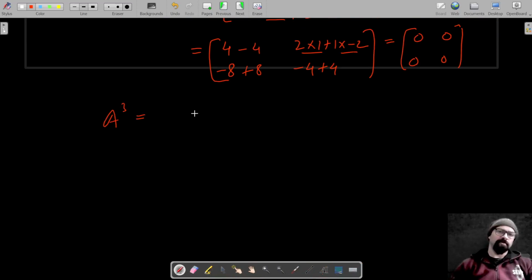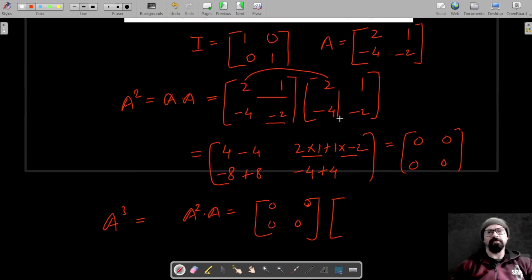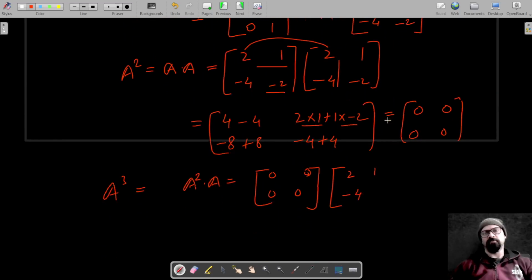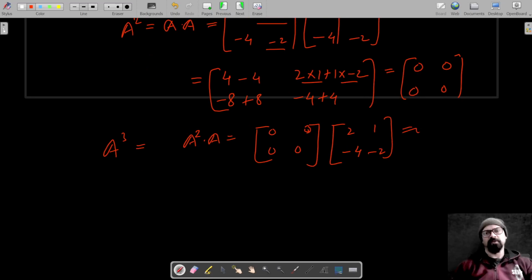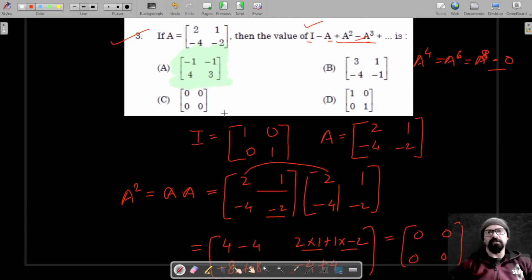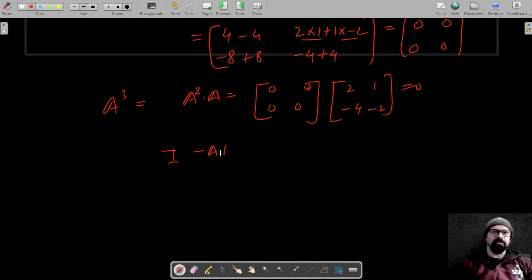So A cubed is A squared into A. Now A squared is a null matrix with all elements 0, and if you multiply it by A, which is a non-zero matrix, this is going to be 0 as well. So that means if we write this equation, that is I minus A plus A squared minus A cubed and so on, all these matrices are 0.